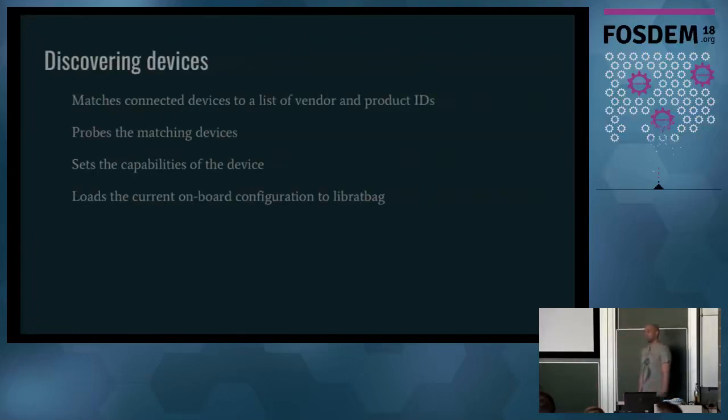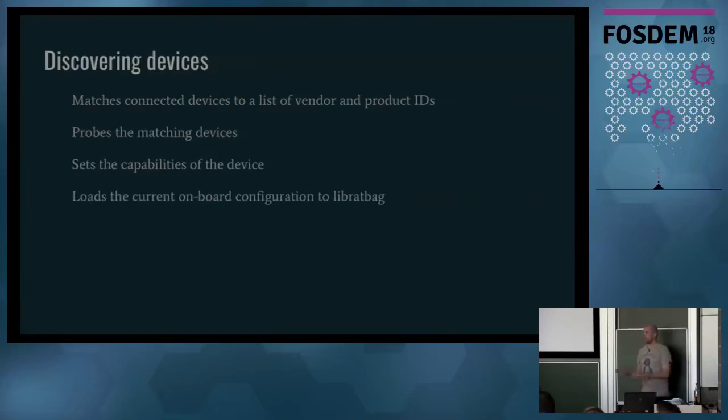The first thing libratbag will do when you start it up is discover which of the connected devices it can operate with. It will do this first by matching the vendor and product ID on the USB, and then it will probe the device, to make sure that everything is in order and it has the expected features.